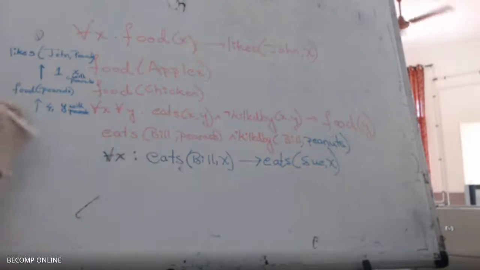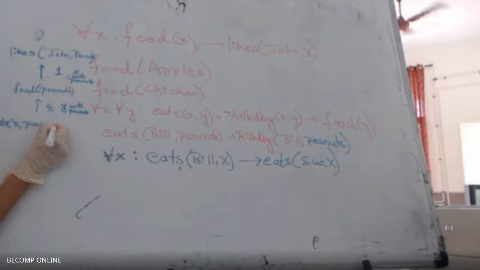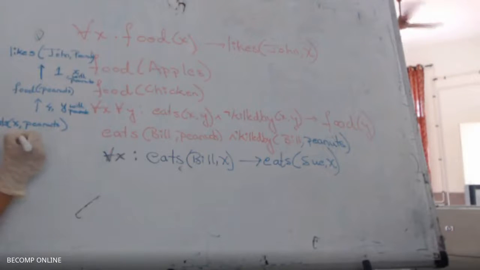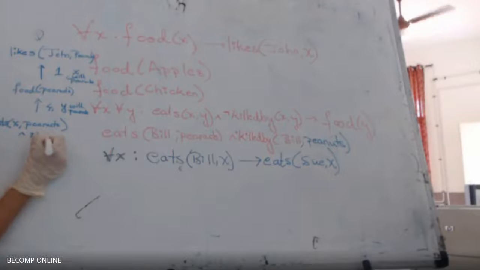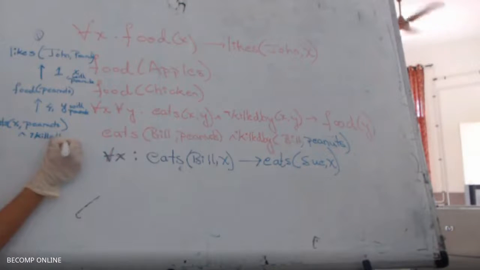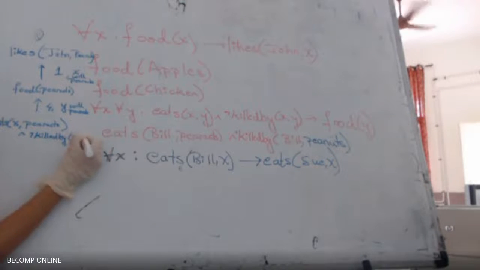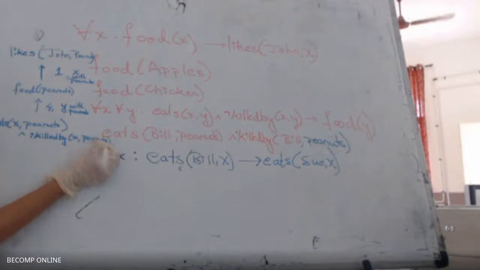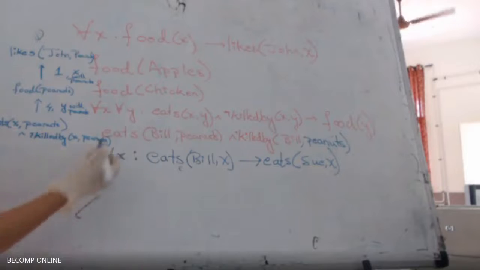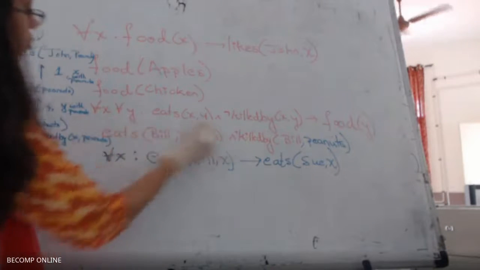I am left with eats X comma peanuts and not killed by X comma peanuts. So I have selected fact number 4.